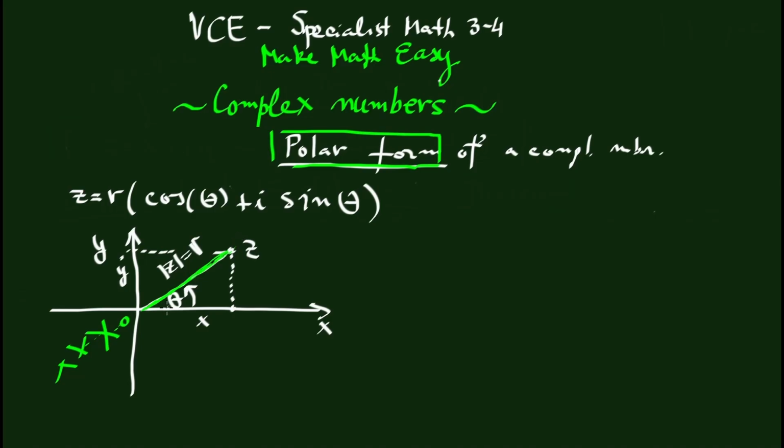And why is nothing there? Why is nothing here? Because we have this angle theta. Theta starts from here, goes here. So theta doesn't go all the way there. Say for theta, it goes only up in the first quadrant.